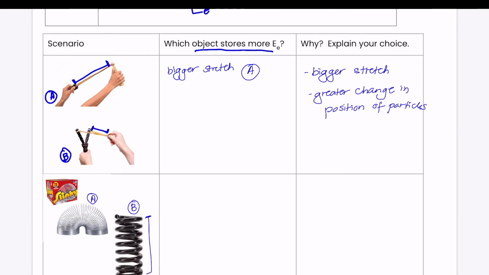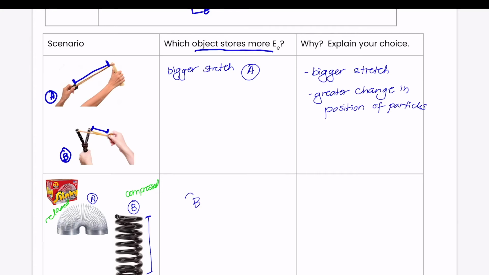So we'll say that one is compressed, and this one is kind of relaxed. Okay, so in its relaxed state, it's going to have a greater distance away from each other. And the compressed, you have to put a little bit more energy to smush it together, right? So remember, anything that's smushed or stretched is going to have more elastic potential energy.